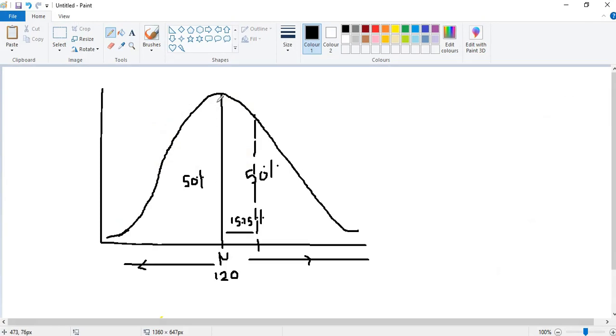Now we know 50% will be one side and then there's a balance 25%, which is below a value called X. Therefore 50 plus 25 is 75%.